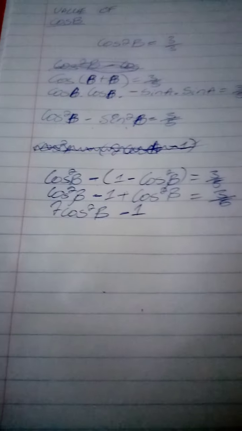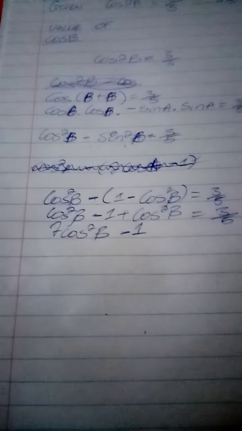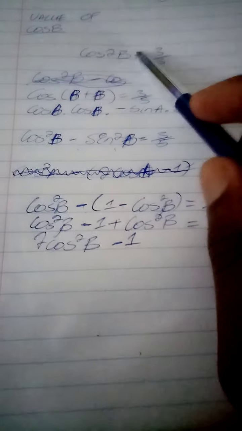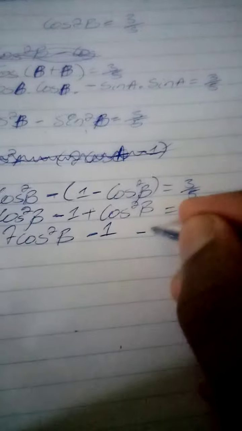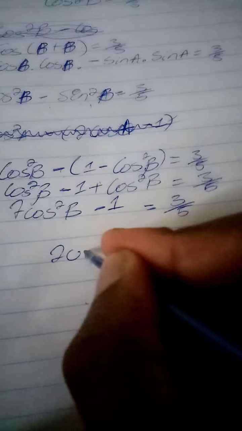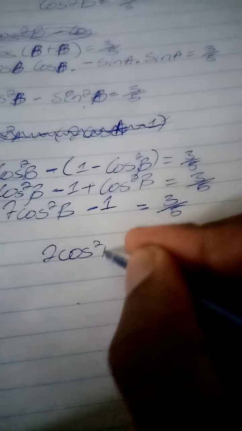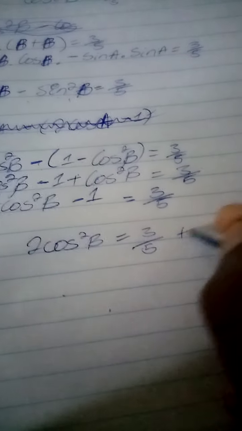As we can tell, this looks like something, but it will just take us back to this point right here. So these are multiple ways of solving this one. So this would mean 2 cos squared b equals 3 over 5 plus 1.